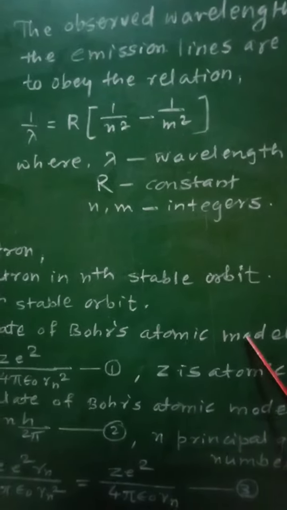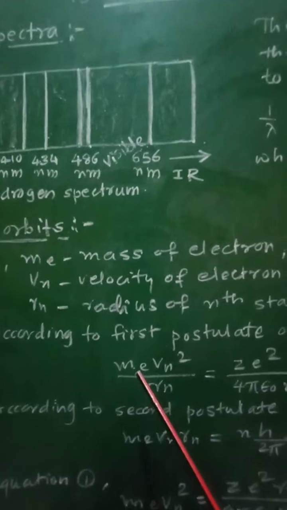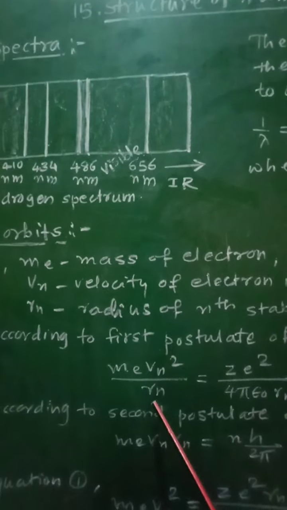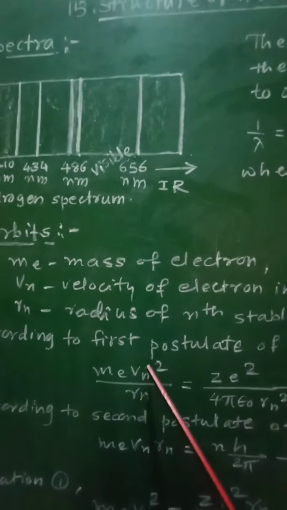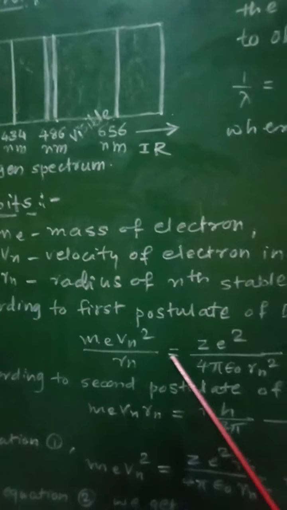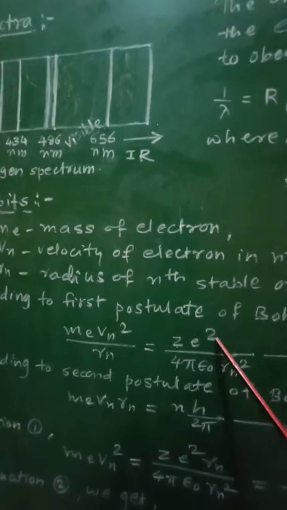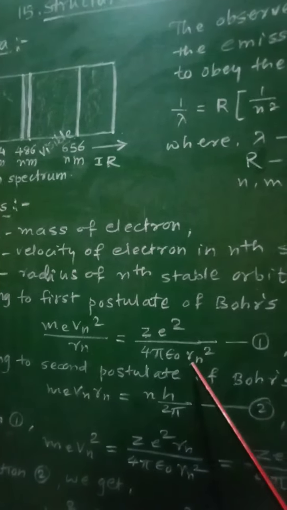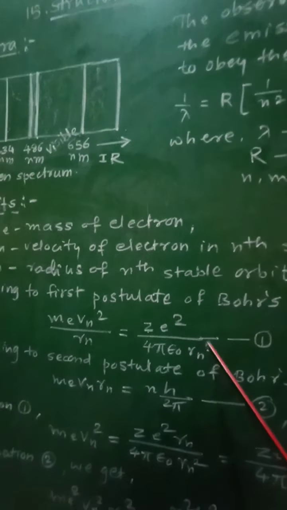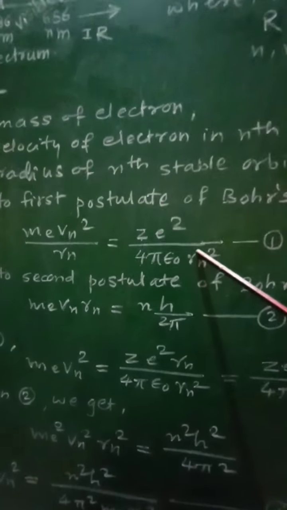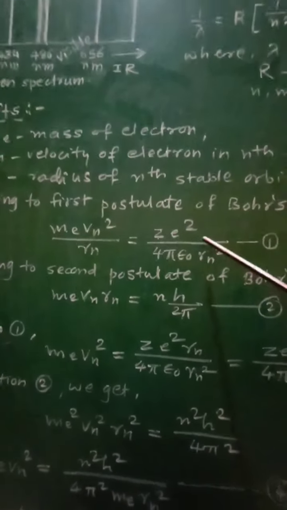According to the first postulate of Bohr's atomic model, me vn square upon rn, that is the centripetal force, is equal to Z e square upon 4 pi epsilon 0 rn square, which is nothing but the electrostatic force.